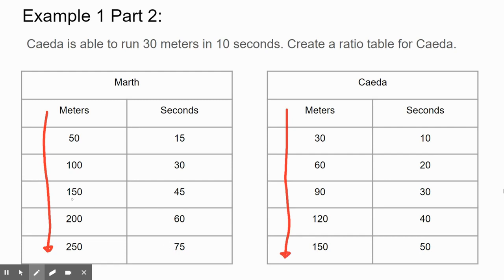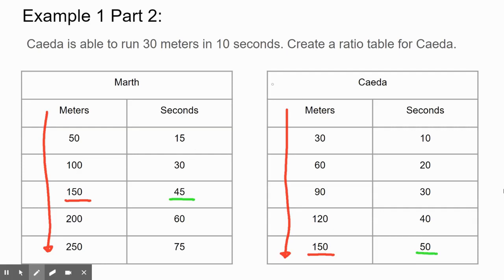If I compare the 2, I see that Marth ran 150 meters here, and Sita ran 150 meters here. So we're going to look at the other number in that pair and compare those 2 numbers.